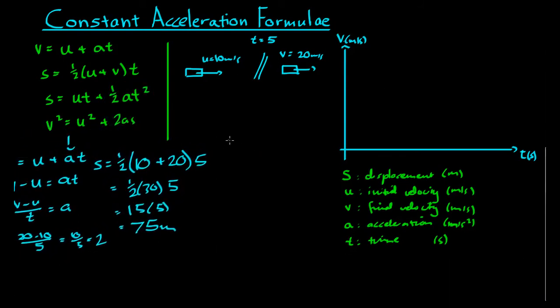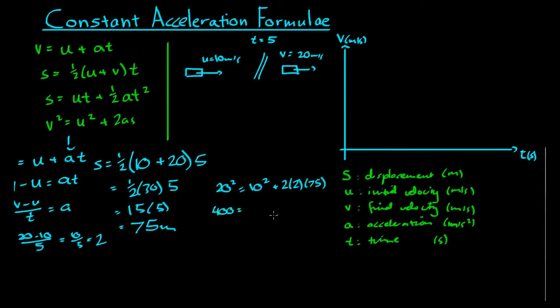So V squared is equal to 20 squared. U squared is equal to 10 squared. 2AS is 2, A was 2, S was 75.